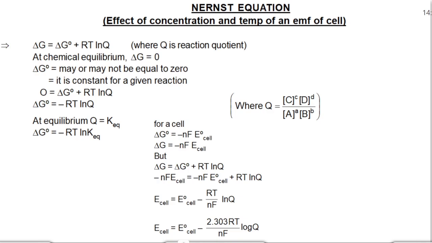Q is the reaction quotient, and at equilibrium delta G is 0. So delta G naught may or may not be equal to 0 even at equilibrium, but it is constant for the given reaction.